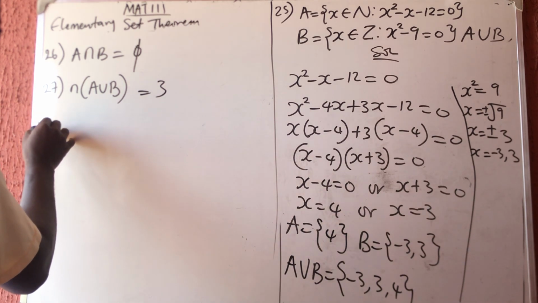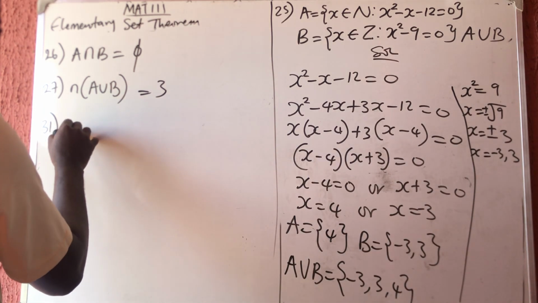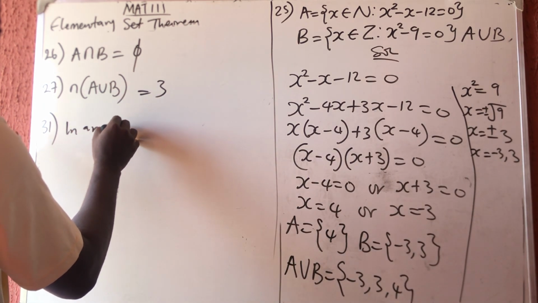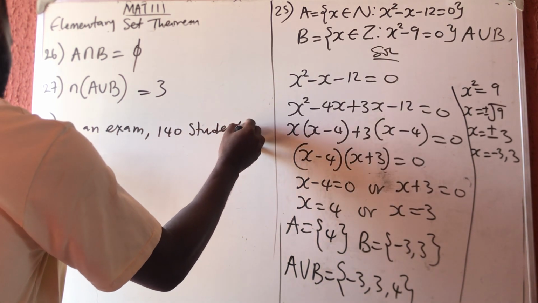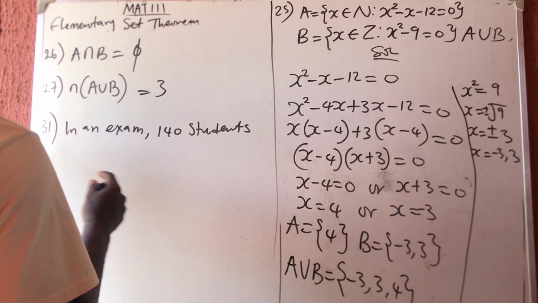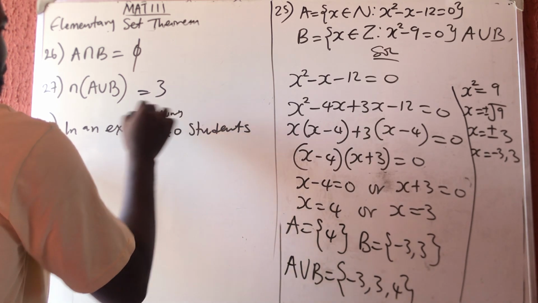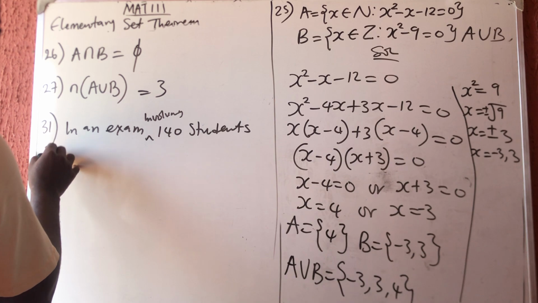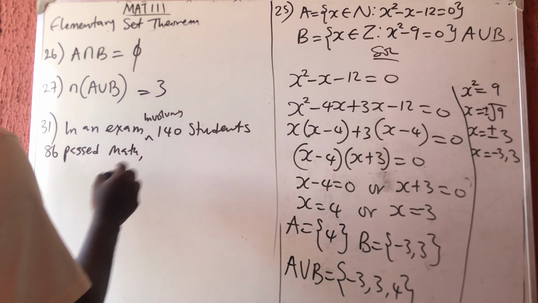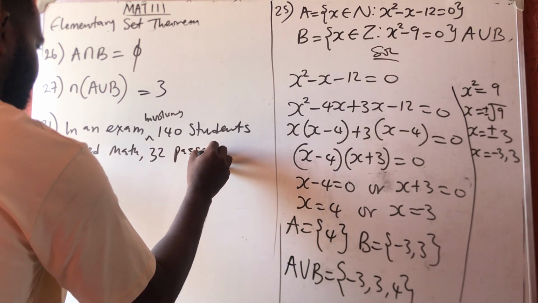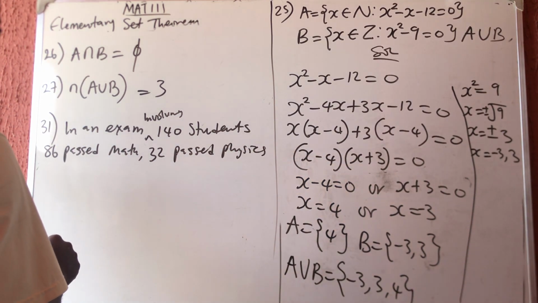So question number 31. I don't know why they skipped the rest, and then you are seeing question number 31. Question number 31 said, in an exam involving 140 students, they now said 86 passed maths, 82 passed physics.